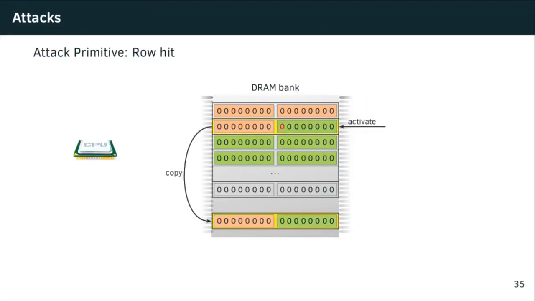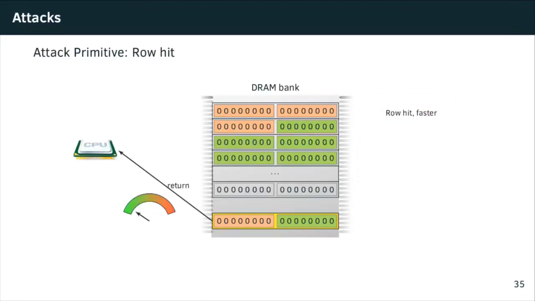Well, the victim will activate the shared row, it will get copied to the row buffer, he'll get his data that he wanted, and now the spy activates it, but this time it's in the row buffer, he will retrieve the data fast, and he will know that somebody else accessed this row.